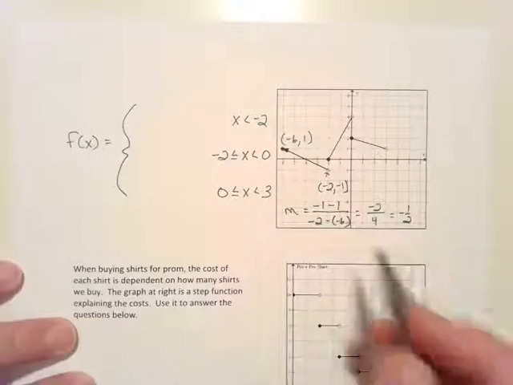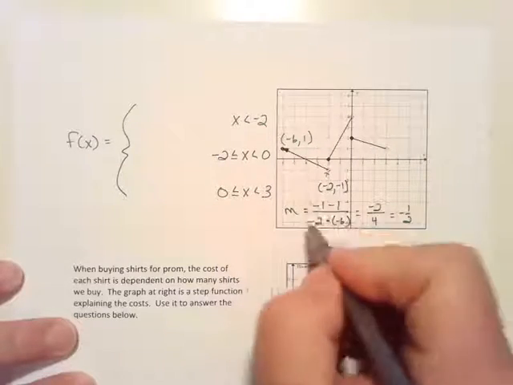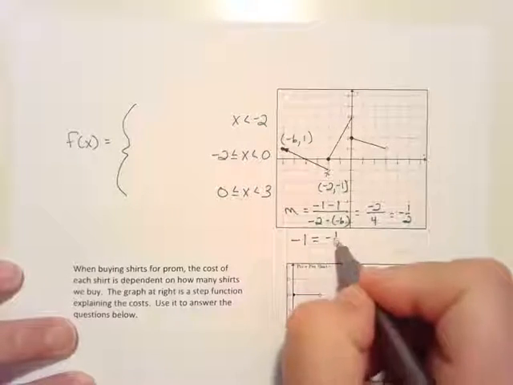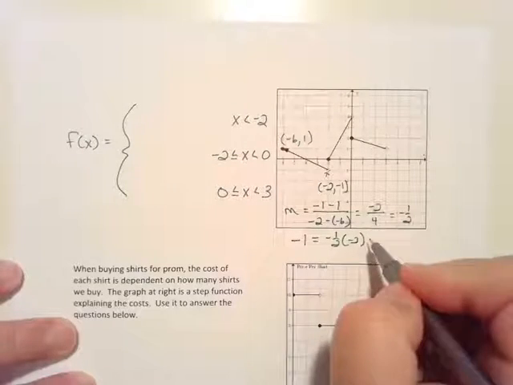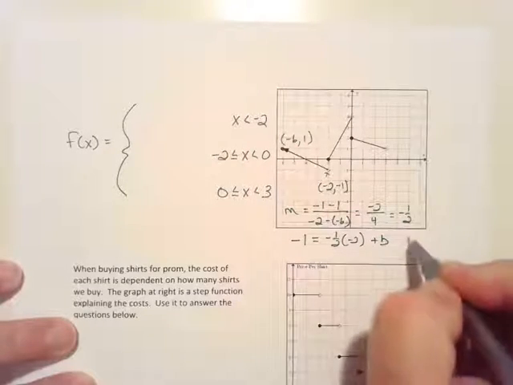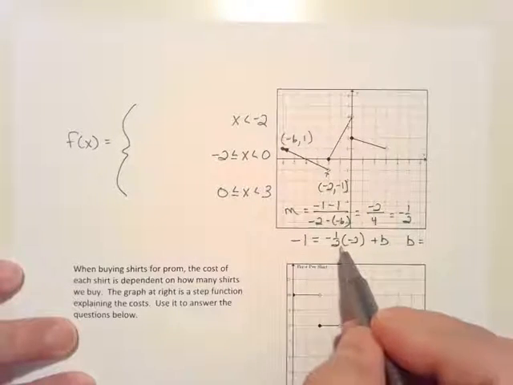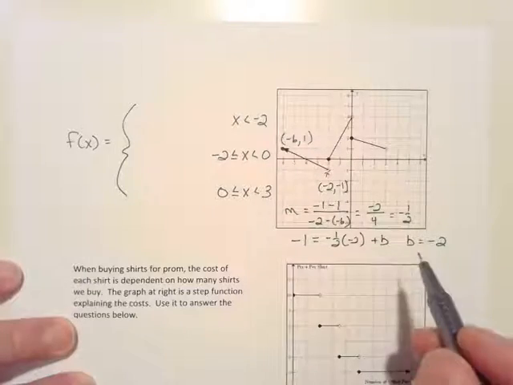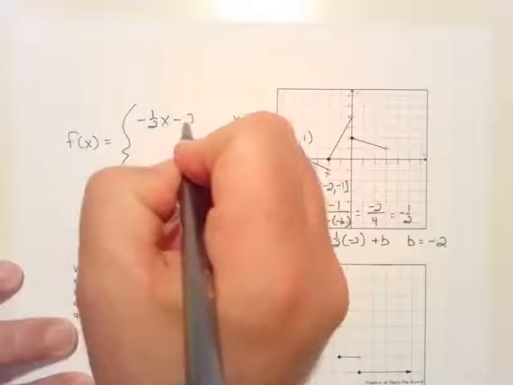And then, to find the y-intercept, we take one of the 2 points and we substitute it in. So -1 equals -1/2 times -2 plus b. And then if we solve for b, we get b equals, this would be 1, so -2. So then the first equation would be -1/2 x minus 2.